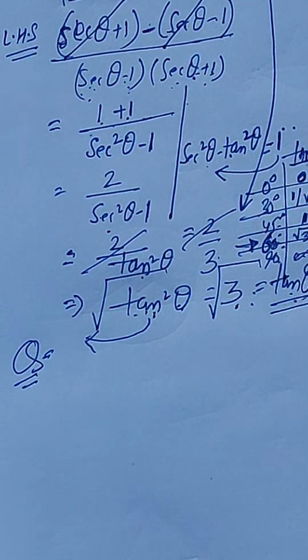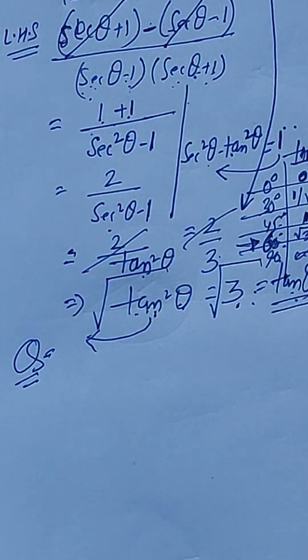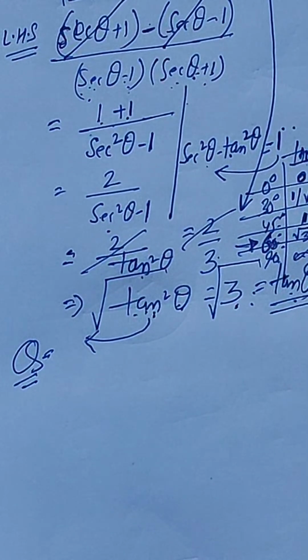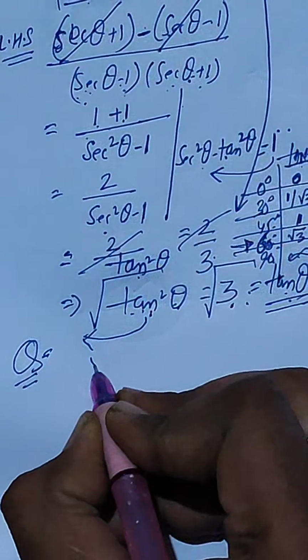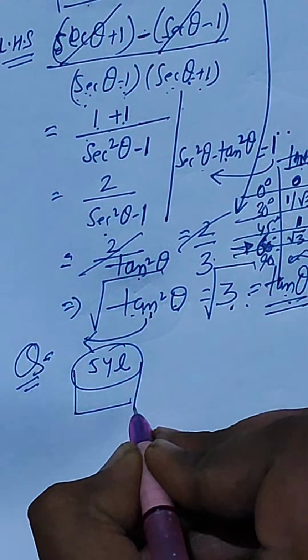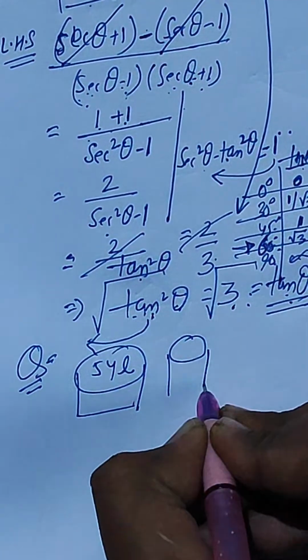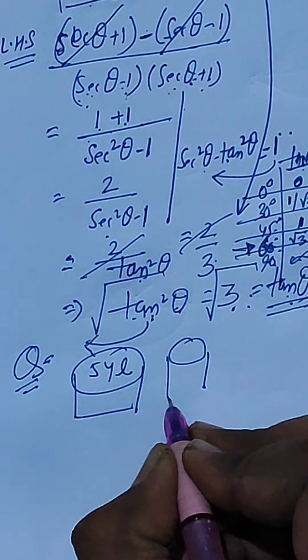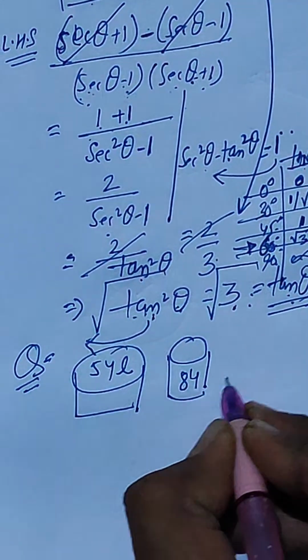Okay, let me take up this question. So this is also a good question which I thought to take. You know the questions of LCM and HCF, right? The question is that there are three containers of 54 liters, 84 liters and 108 liters.